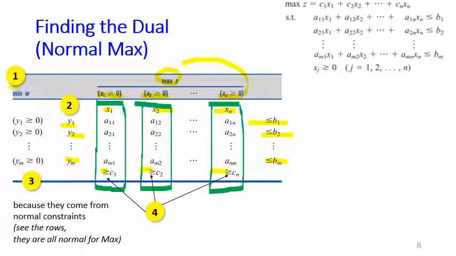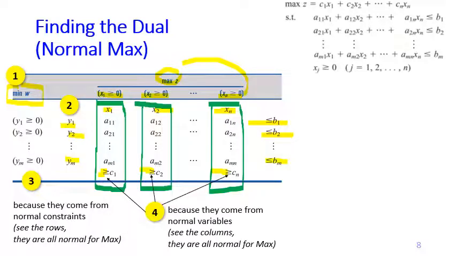Now, our dual problem is a minimization. Remember again, for minimization, the sign of the normal constraints is greater than or equal to. So that's why we put the sign greater than or equal to here. Okay, so let me repeat the reasoning here.